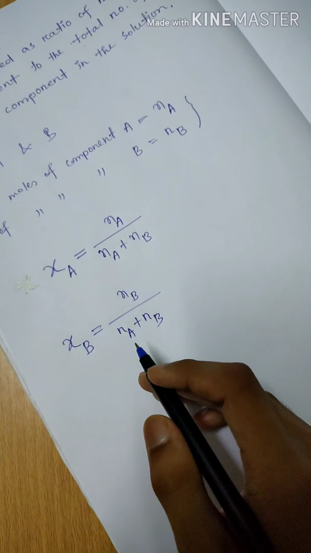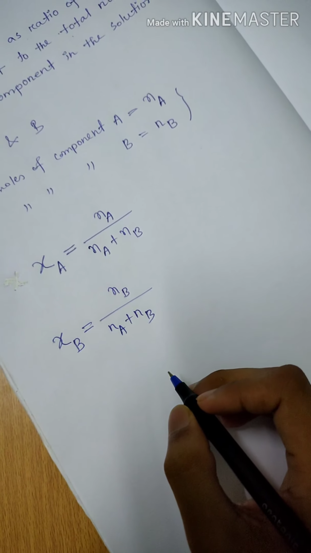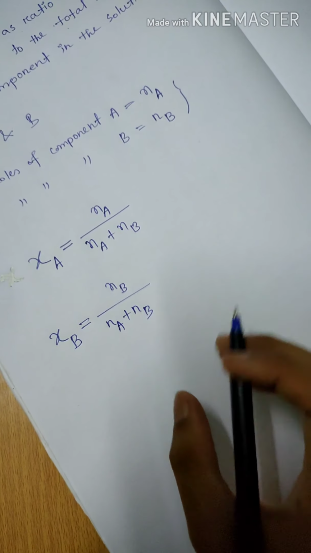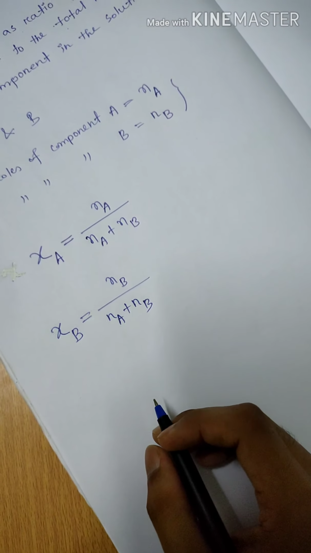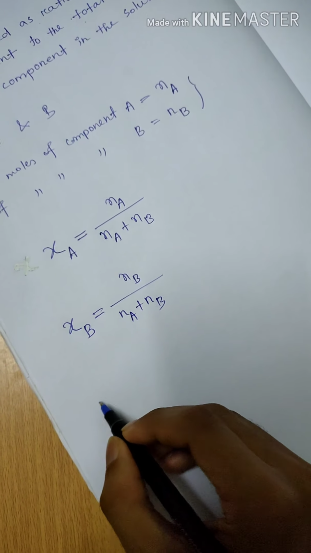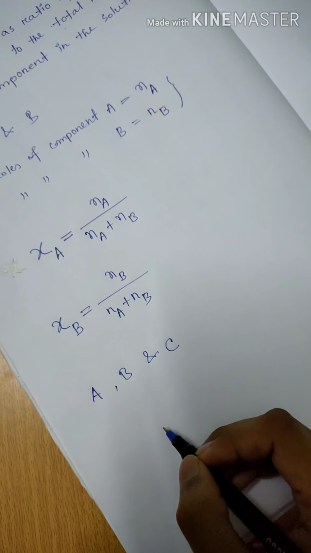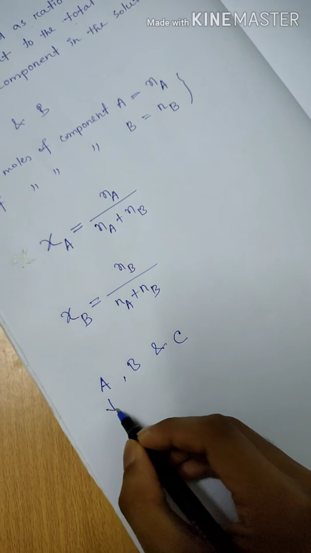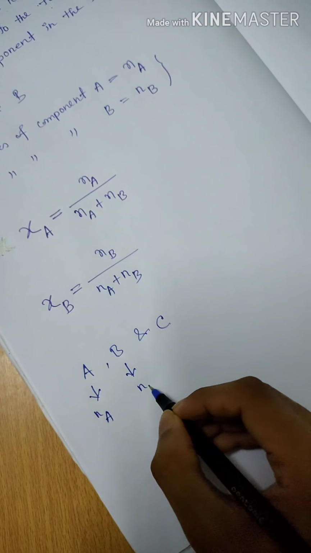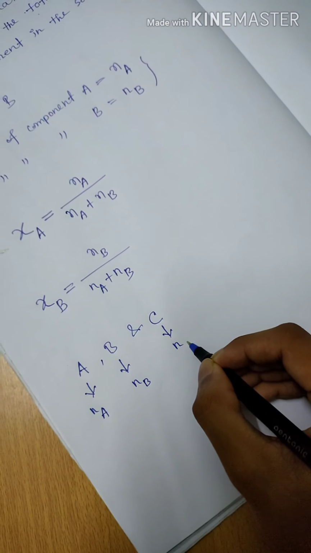Now again suppose we have 3 or 4 components and we are to find the mole fraction of any component, then how shall we find it? Let us say we have 3 components A, B and C. The number of moles of component A is denoted by Na, of component B by Nb, and of component C by Nc.